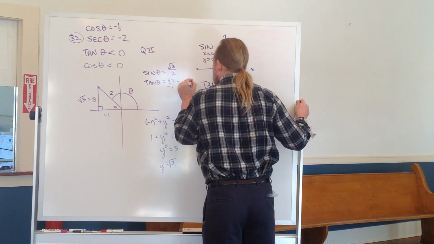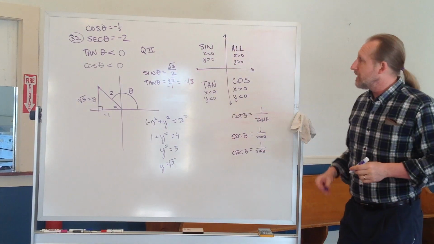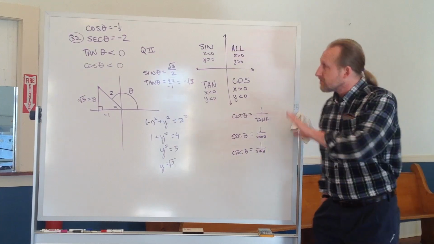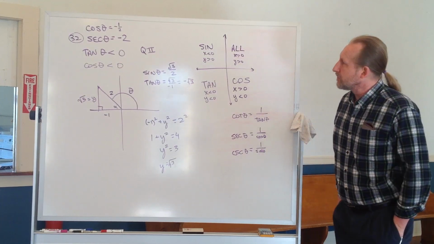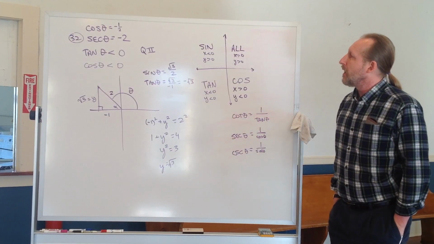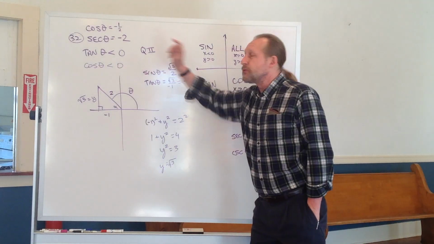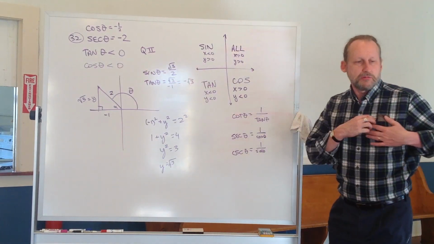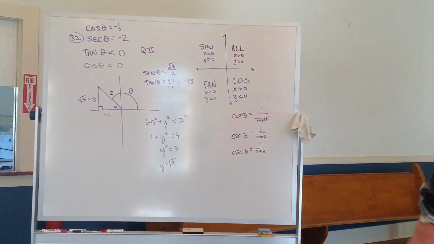You can leave it like that if you want to, or we can call it negative square root 3. All right. 32 is a little bit different, a little bit trickier. We've got these reciprocal functions in there, and we had to deduce which quadrant we were in. The problem didn't tell us. All right, let's see. Let's do one more of these, or maybe 2 more. Let's see how it goes.